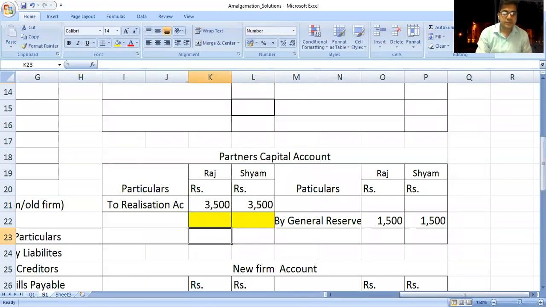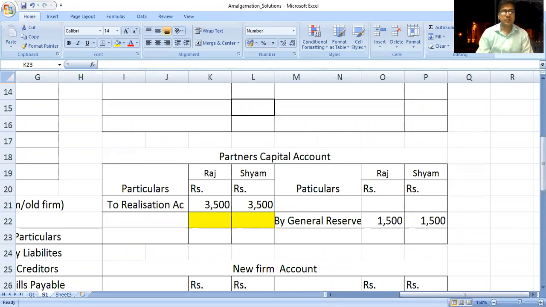After recording this, next general entry: payment of liabilities not taken over by the new firm. In our problem, there is no kind of liability, so no entry. Liability taken over by the partner, this also is not there, not necessary to pass. Payment of realization expenses also not there.